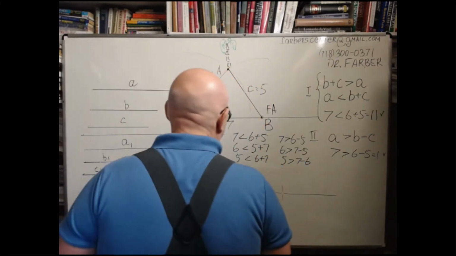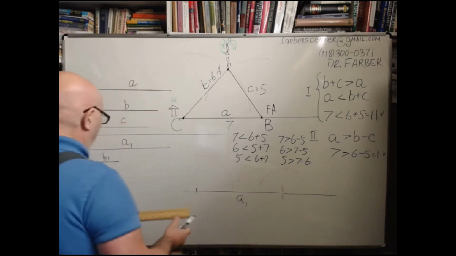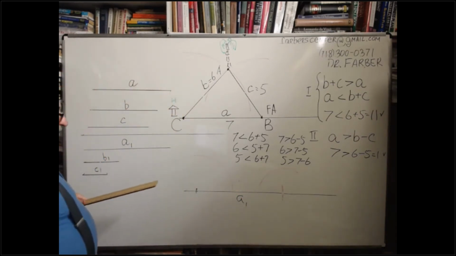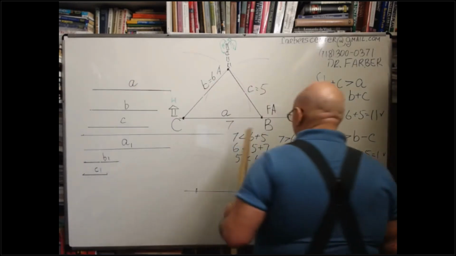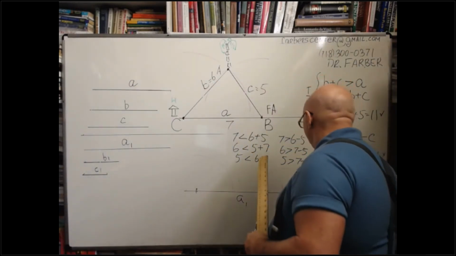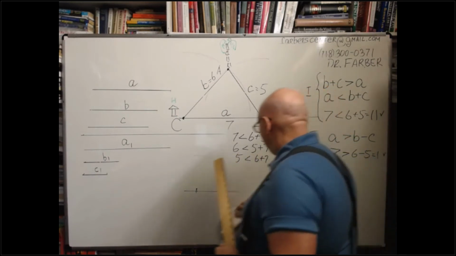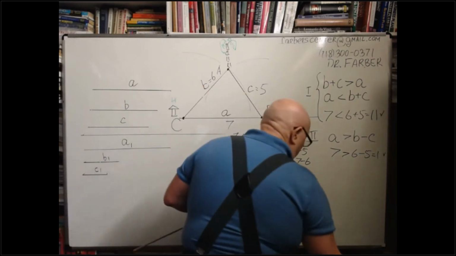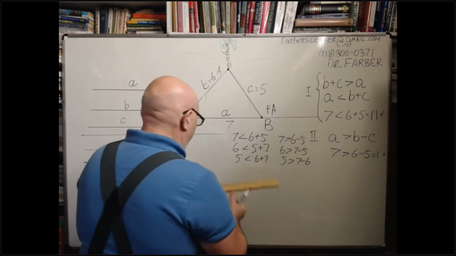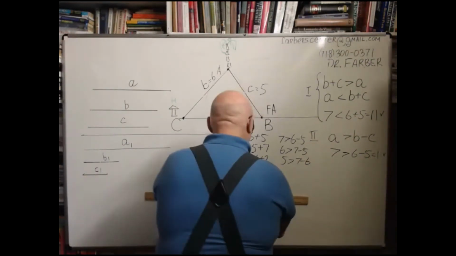Well, I need more room, but pretend I put 3 points on a line. Let me raise this a little bit here. I need room. Okay, let me make a line.